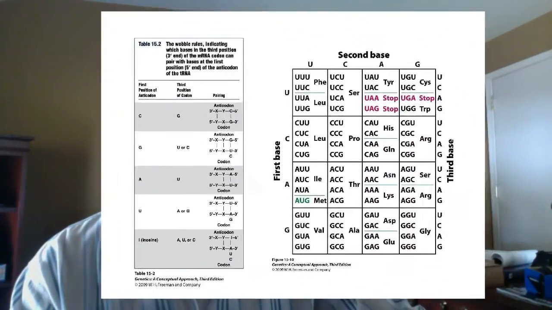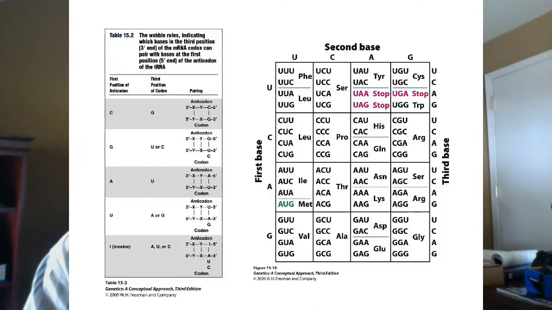One final concept about the triplet code, and this is just another copy of the same codon usage table that we saw in the previous slide, is this concept of wobble.